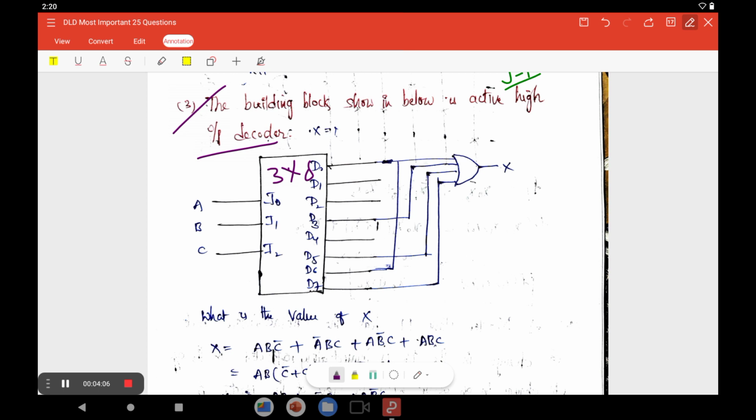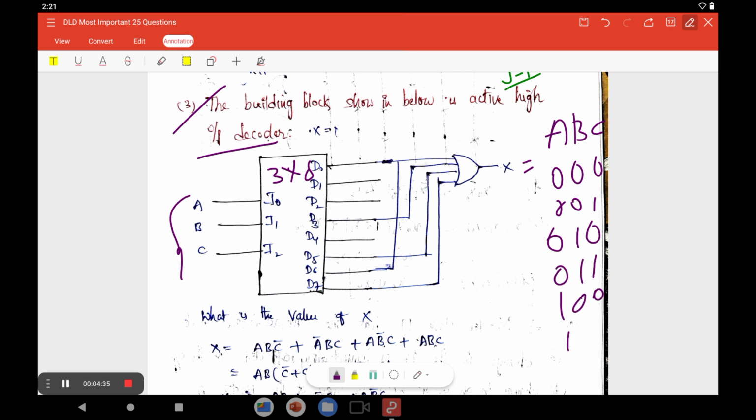In this block diagram, A, B, C are the 3 inputs. They ask what is the value of X, so you have to check the conditions. The output of the decoder is also called the minterms. D6 is selected for one of the possible combinations of ABC: 000, 001, 010, 011, 100, 101, 110, 111.